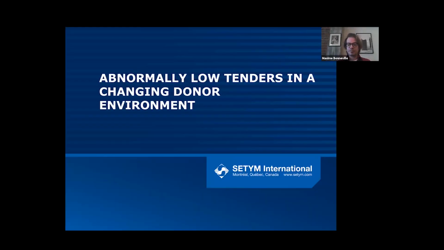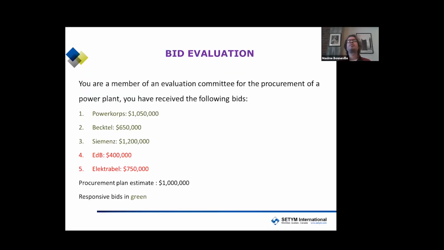Okay, so our topic of the day. Let's start with a business case. The best way to illustrate abnormally low tender is to discuss a real one. So imagine the following scenario. You are a member of an evaluation committee for the procurement of a power plant, and you have received the following bids, 5 bids.